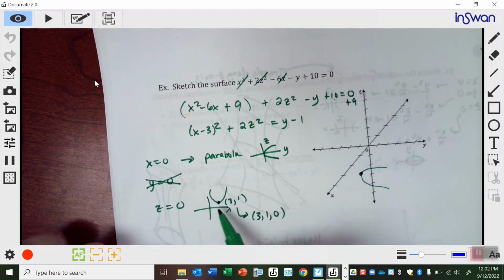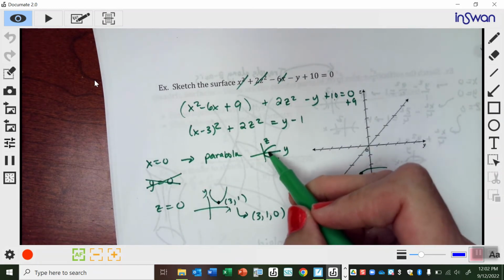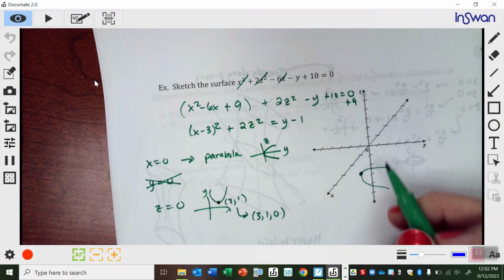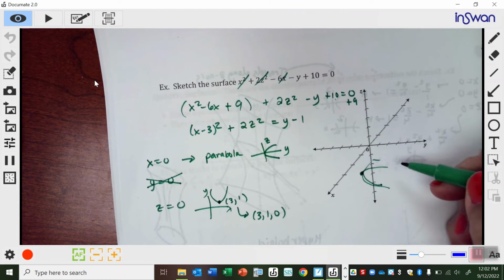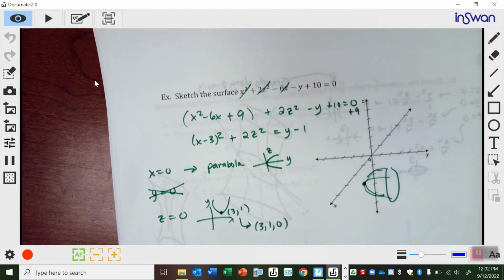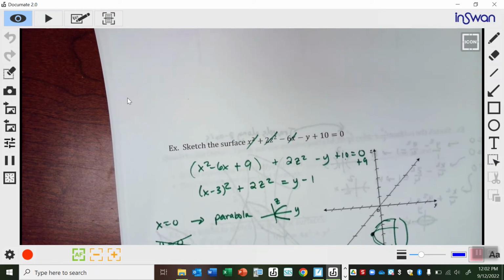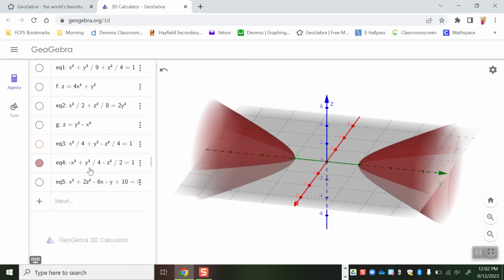Because this is my x and my y, and it's kind of twisted over here. And then I have this other parabola for the y and the z plane, so that's kind of coming up and down. And so what you end up getting is just like a single little bowl shape right here. Okay, so if we go look at that over here, hopefully my GeoGebra will work.